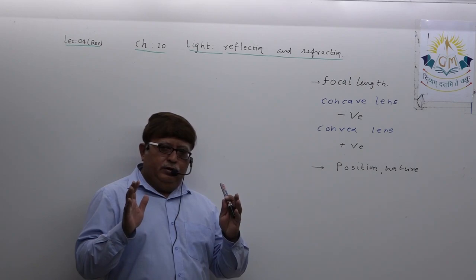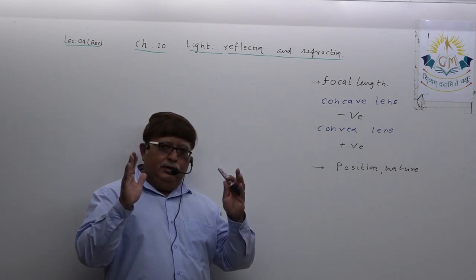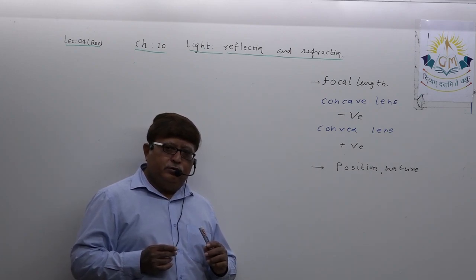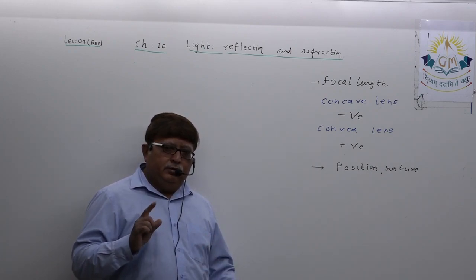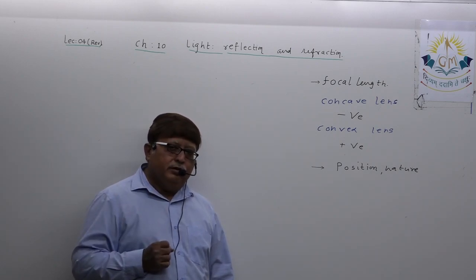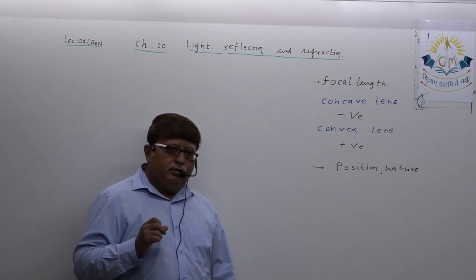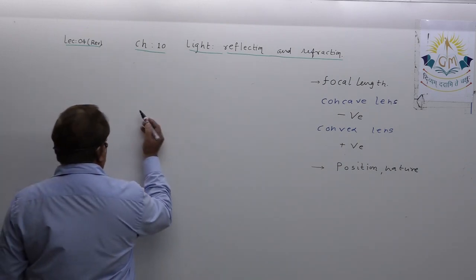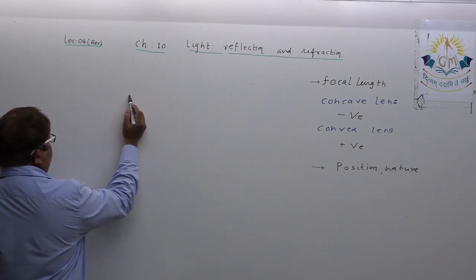Just gather all the lens diagrams, understood, regarding convex lens, where you get all the images mostly. I just want to give you a simple glimpse of this.